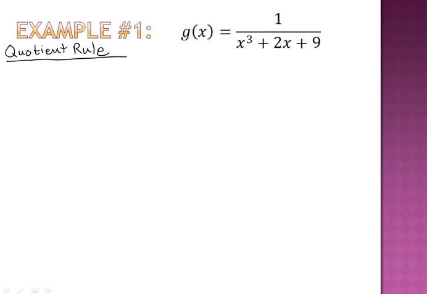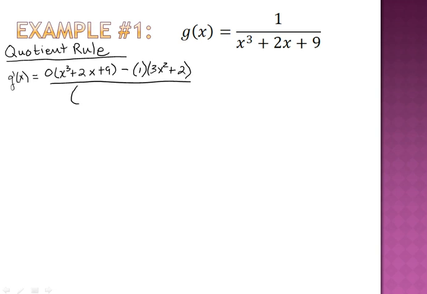So using our quotient rule first, g prime, we derive the numerator, it's a 0, we keep the denominator. We subtract, we keep the numerator, we derive the denominator. And we divide by the denominator squared.